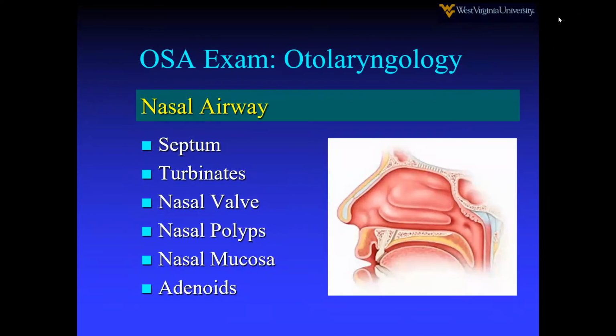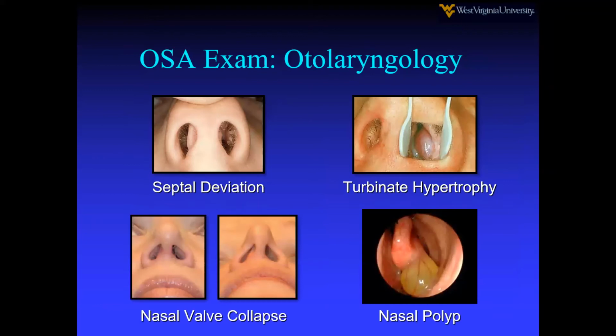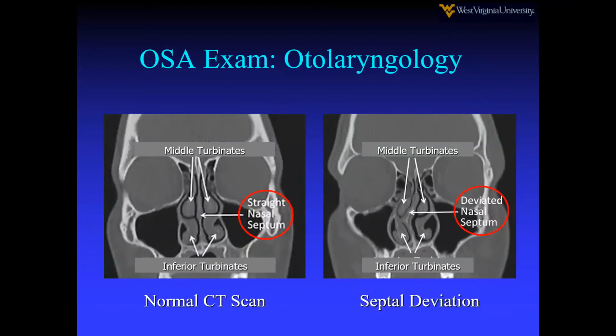For the nose, we know there are all these structures we can deal with, and septal deviation. This is very normal to you. You look at these all the time, but the internists and family practice doctors don't.